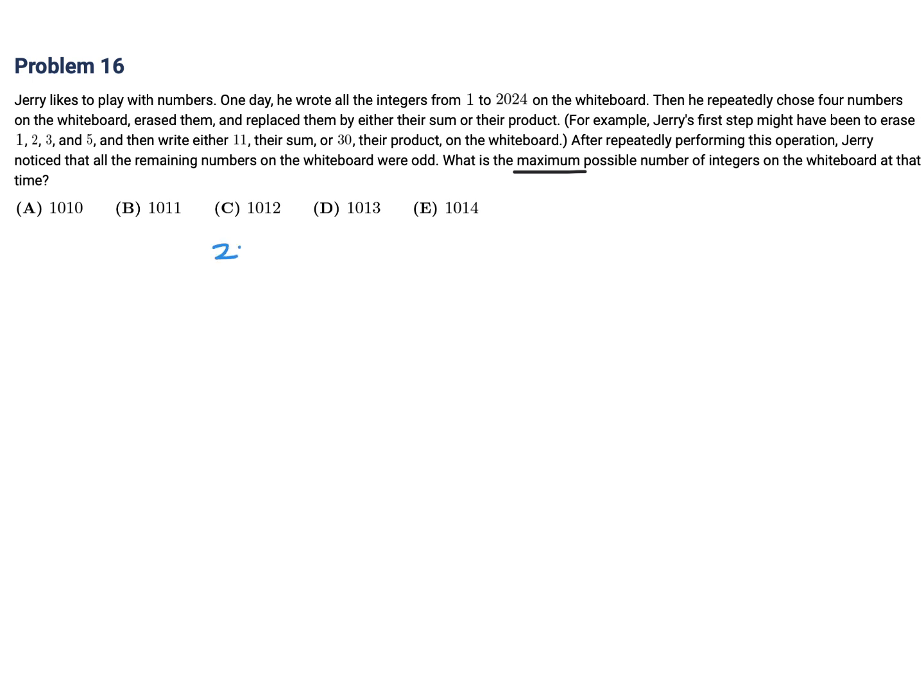Well, 2024, that's how many numbers, right? And we are told that they're consecutive. So half of them are going to be odd. And of course, the other half are going to be even.